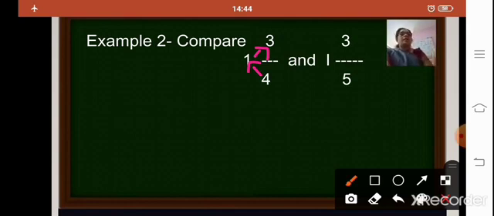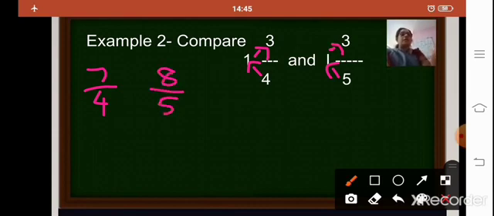So your answer is 4 ones are 4 plus 3, that is 7 upon 4. And for the second fraction, 5 multiplied by 1 plus 3, so 5 into 1 is 5 plus 3, that is 8 upon 5. Now you got two improper fractions.